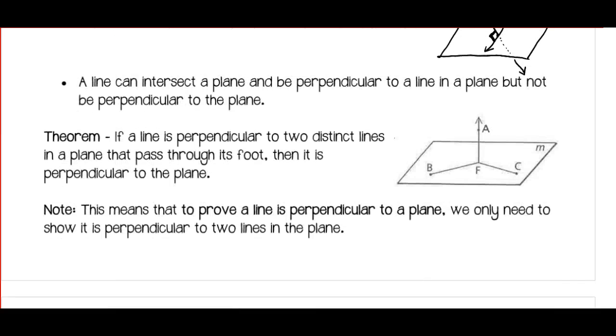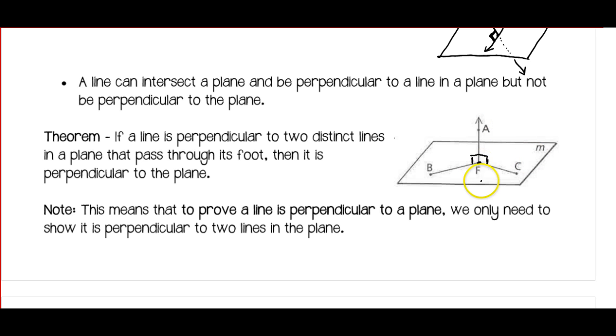All right, so next theorem. If a line is perpendicular to two distinct lines in a plane that pass through its foot, then it is perpendicular to the plane. So if we're trying to prove that a line is perpendicular to a plane, all we need to do is prove that it's perpendicular to two different lines in the plane, again, that pass through the foot. So AF is perpendicular to BF, that's one line in the plane, and AF is perpendicular to CF, that's a second line in the plane.